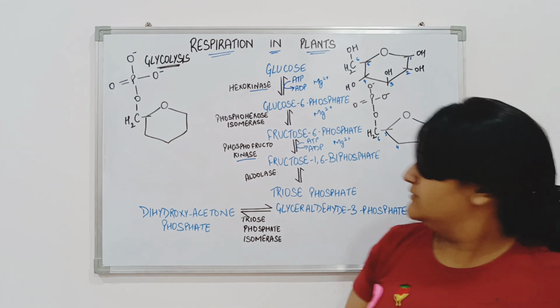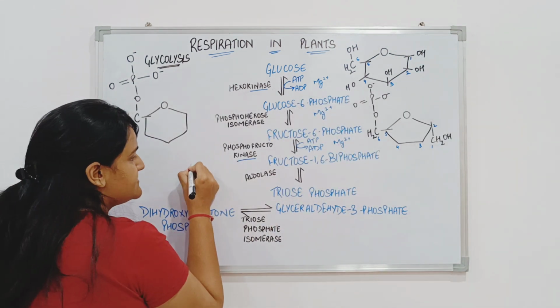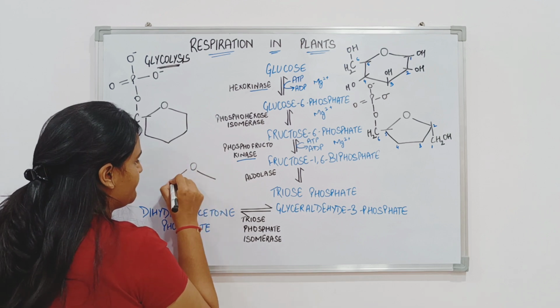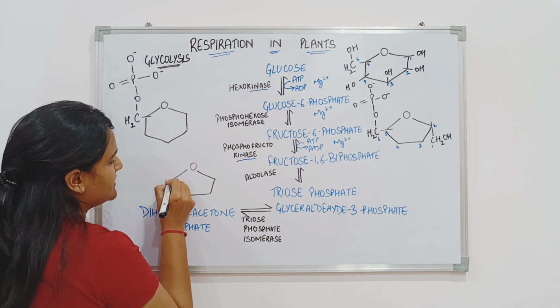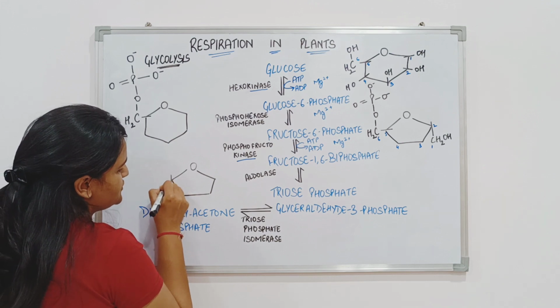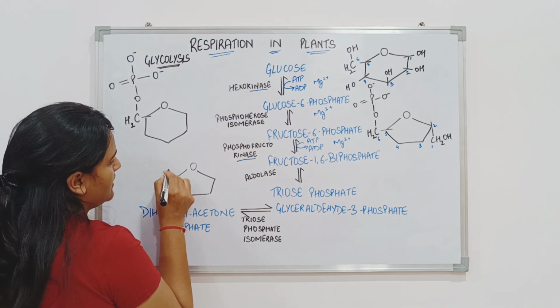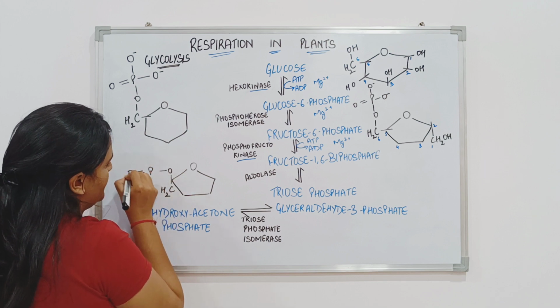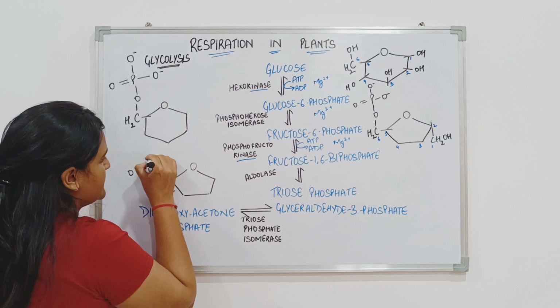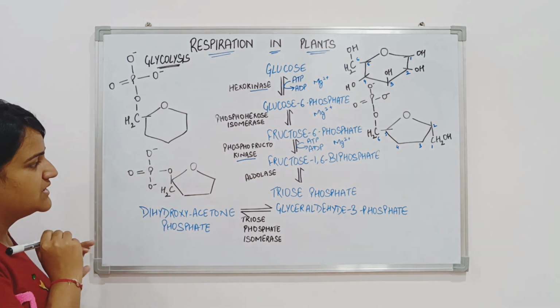Okay. So this will be the pentagon. Then CH2, O, P double bond, O negative, O negative. Right?